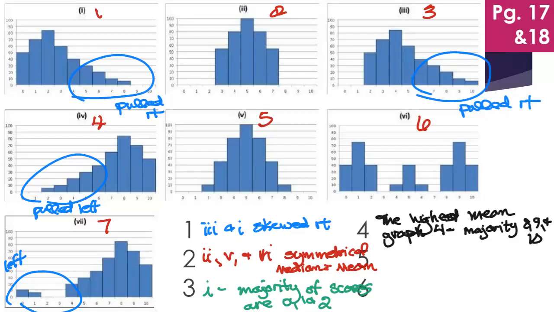Do any other graphs go from 0 to 10 on the x-axis? I would say no. So I think you're right. That would be 6. Graph 6 has the largest standard deviation.